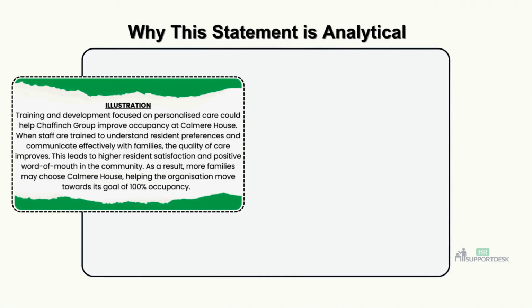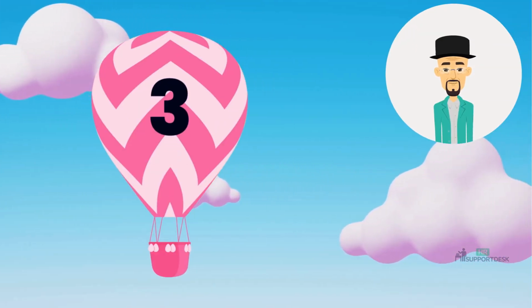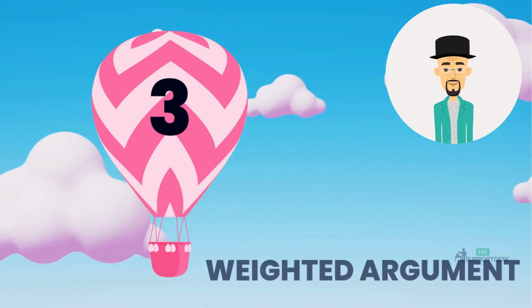This statement is analytical because it follows a simple, yet effective, four-step chain, linking people practice to employee behavior, then to customer experience, and finally to business outcomes. Similarly, by following these approaches while developing your answer to this AC, you can ensure that your statements are not just descriptive, but analytical.